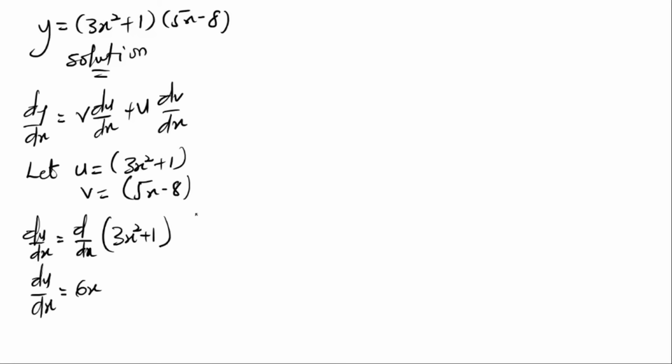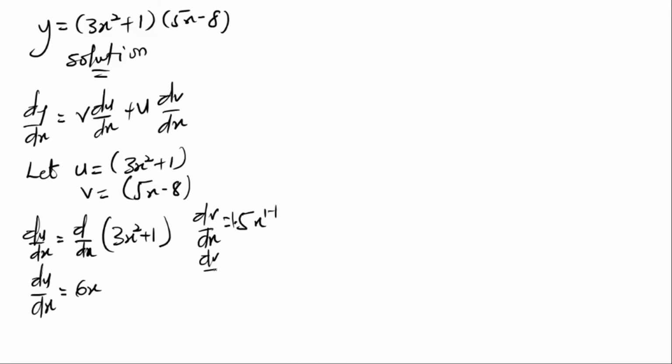Now let's differentiate the function v. So our dv/dx becomes, if we differentiate 5x, x has the power of 1, so 1 multiplied by 5 is still 5. Now if we subtract the 1, that is, we have 5, now the power is 1, so we have 1 multiplying the 5, then we have x power 1 minus 1.